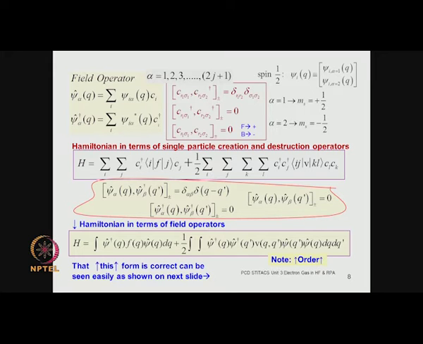Here again let me remind you that q and q prime are dummy labels, but it is important to keep track of which label is associated with which operator, and they must be written in a consistent fashion for exactly the same reason that we discussed earlier, because the field operators for bosons commute, whereas those for fermions anti-commute.